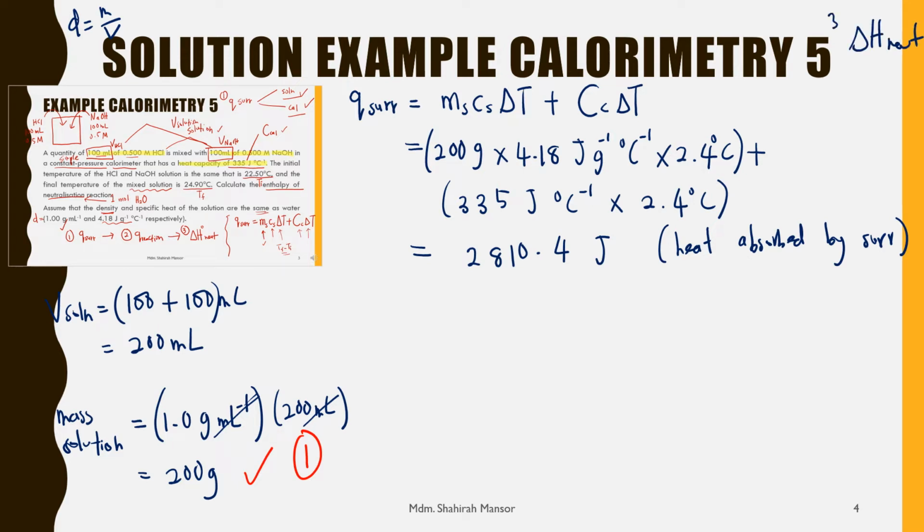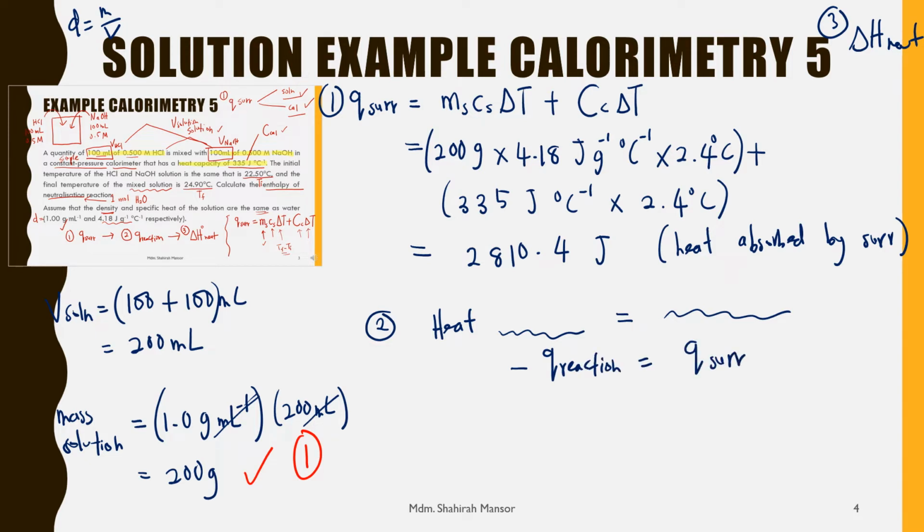Okay, kita nak cari delta H neutralization. Okay, ini langkah yang ketiga. Langkah yang pertama dah kira Q surrounding. Langkah yang kedua, you need to find the Q reaction. So to find the Q reaction, apa yang kita kena buat adalah you have to tulis ayat tu. Okay, heat released by the reaction bersamaan dengan heat absorbed by the surrounding, and that means negative Q reaction equals to Q surrounding.